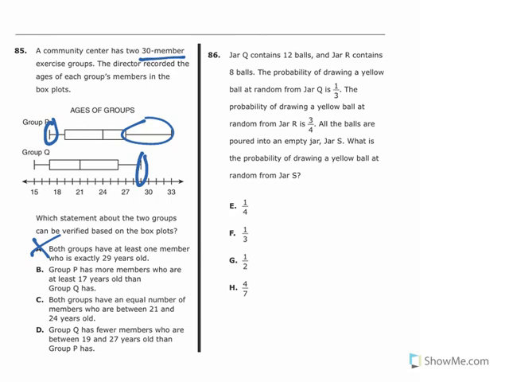Let's look at choice C. Both groups have an equal number of members between 21 and 24. Well, 21 and 24 isn't an actual, it's not a box, and it's not a box here either. That doesn't make any sense. Group Q has fewer members who are between 19 and 27. All right, so let me take some of this down.